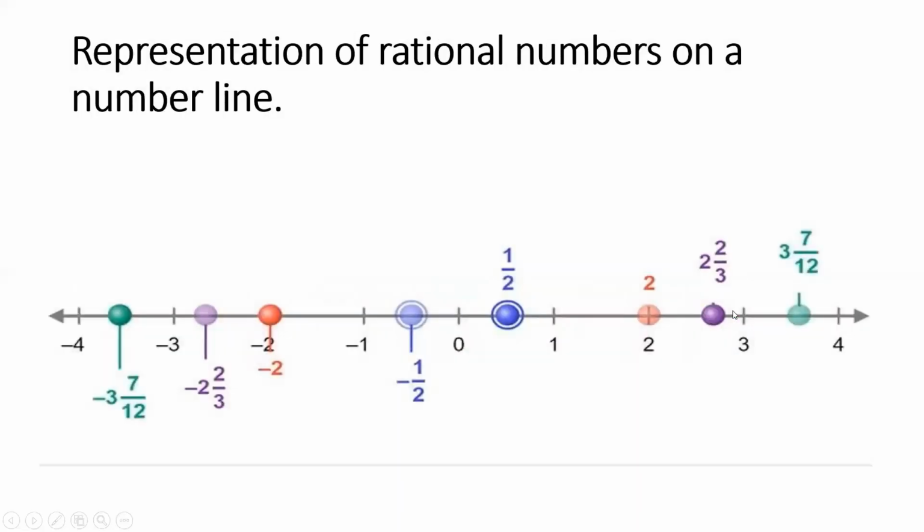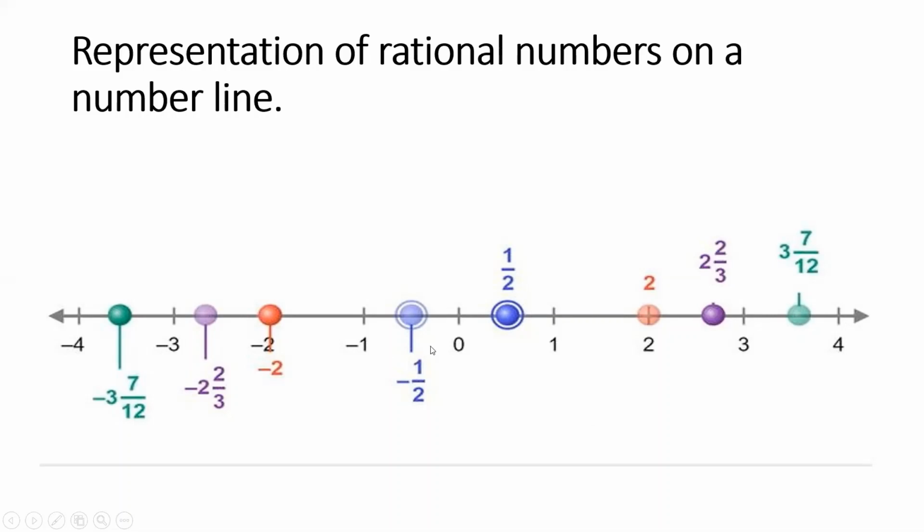Next is, here also you can see different rational numbers, that negative numbers on the left hand side of 0 and positive numbers on the right hand side of 0. Here you can see the mixed fraction, that is 2 integer 2 upon 3 is lying between 2 and 3, and same 3 integer 7 upon 12 is lying between 3 and 4.